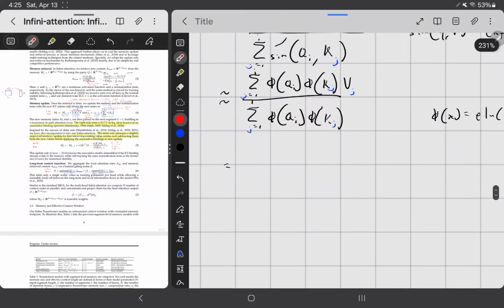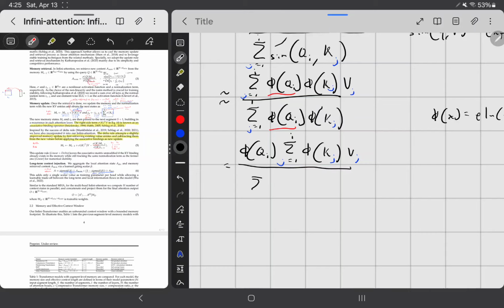Now, you may notice that the q's are not indexed by this sum, so you can bring the q outside the sum. This will be the sum from j equals 1 to i of phi of k_j transpose times v_j, over the sum of phi of q_i multiplied by phi of k_j.